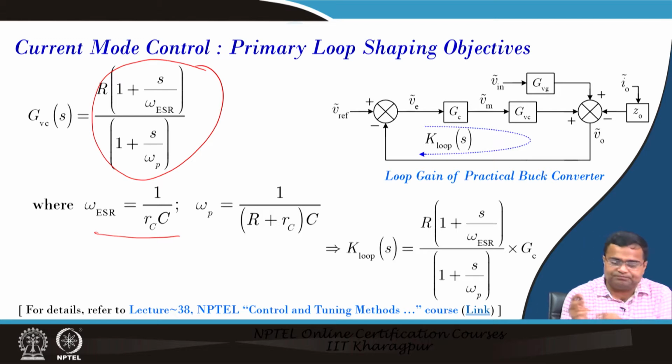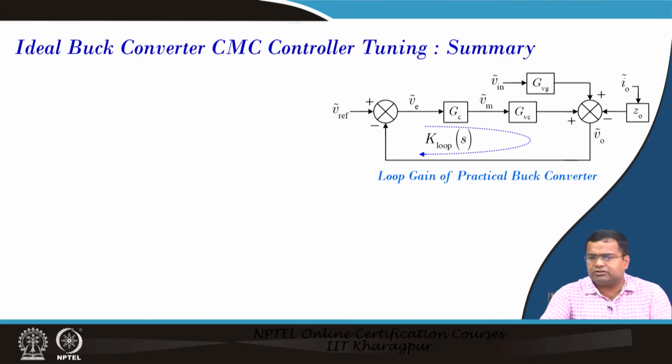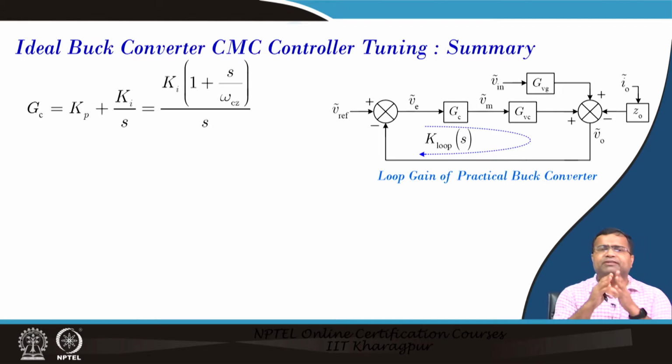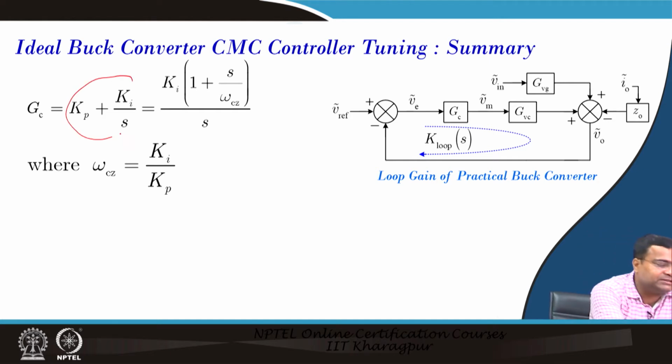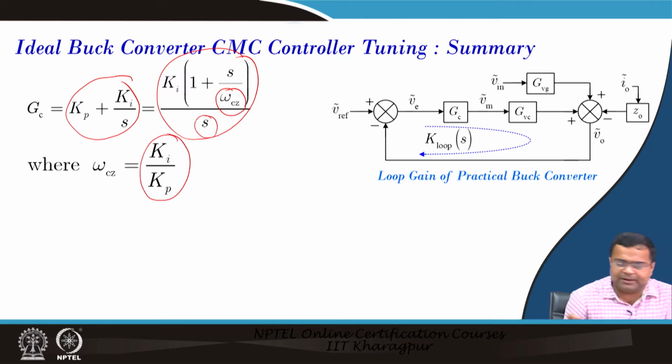So, if we consider an ideal buck converter, that means a very low ESR, then we can consider a PI controller. And what is the design objective? The PI controller can be represented by this form, where it has one zero and one pole at the origin, the zero being Ki by Kp.